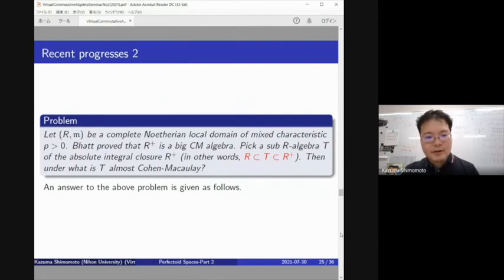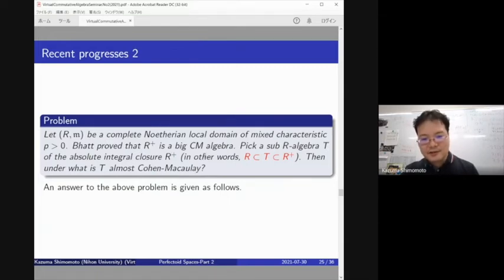Okay, so here is another problem which I think is quite interesting. The problem is as follows. Let's take R, a complete Noetherian local domain of mixed characteristic. It is proved that R plus or R plus hat is a Big Cohen-Macaulay algebra.